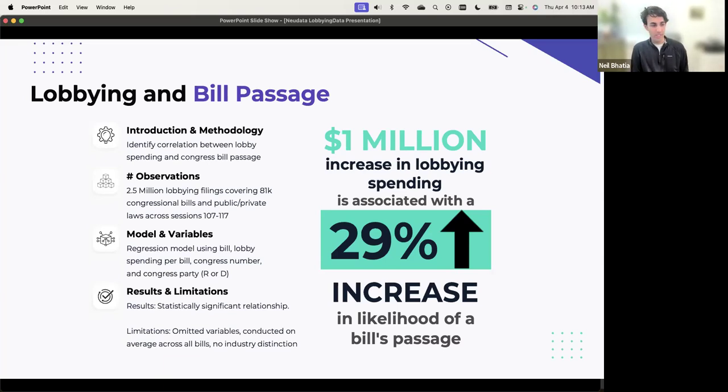So for each $1 million increase in lobbying spending, regardless of the congressional party, that is associated with a 29% increase in the likelihood of a bill's passage, just according to this paper. And of course, there are many other factors that come into play with a bill passing Congress. Ultimately, inherent to a study like this are limitations and bias, just a disclaimer on that one.